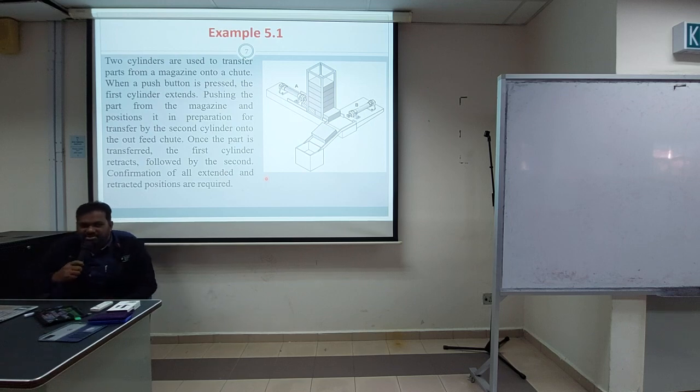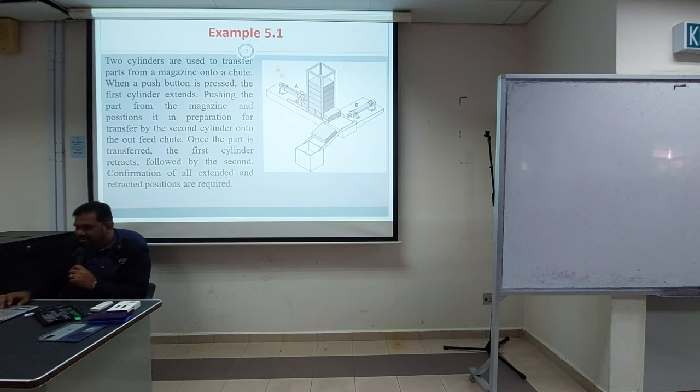Okay, so how many cylinders are there here? There are 2 cylinders, cylinder A and cylinder B. So first, before designing, name the cylinders. Don't label the one that works first as B and the next one as A, because that will be confusing. So follow the sequence: the first cylinder that will move, label as A, then the other cylinders.